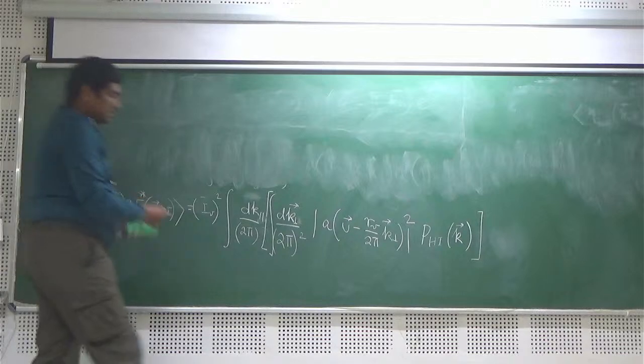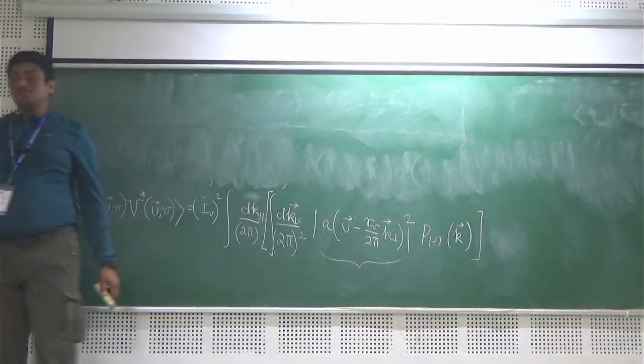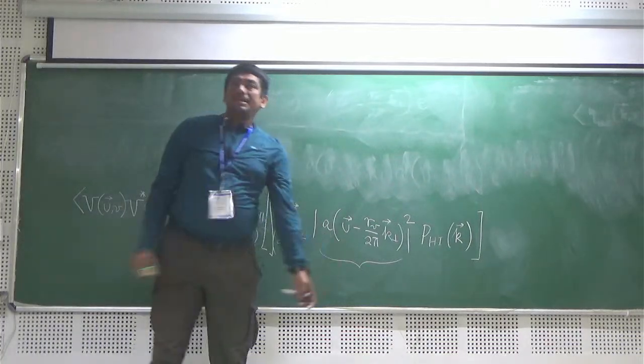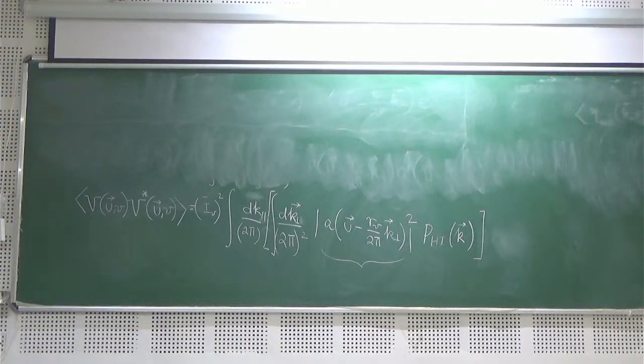So what is this quantity? For example, the first small a is the Fourier transform of the antenna beam pattern, right? It is something that decides from different directions how much it actually comes in. The antenna looking at theta equals to 0, which is this direction, by definition this function is 1.